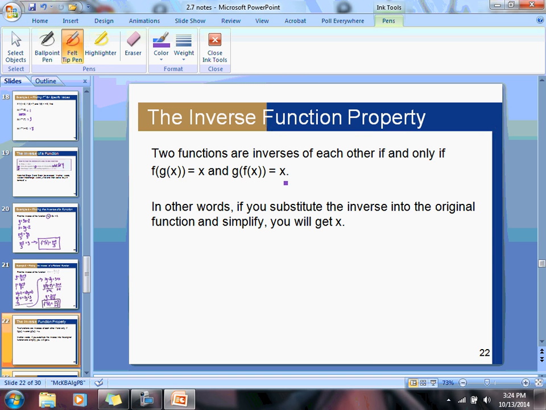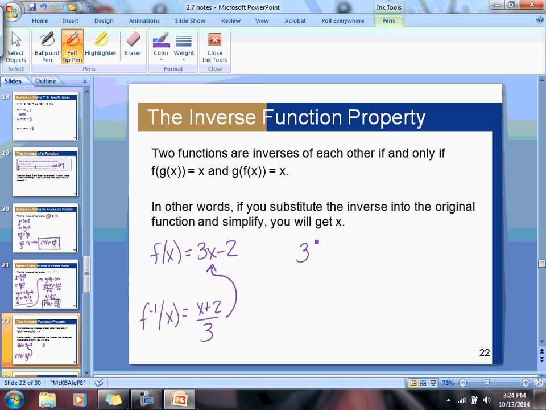Now in example 6, our original function was f of x equals 3x minus 2. And then our inverse that we found was x plus 2 over 3. So I'm going to demonstrate this concept of putting a function into a function and getting x. Okay? So I'm going to take this function here and put it into the other one.